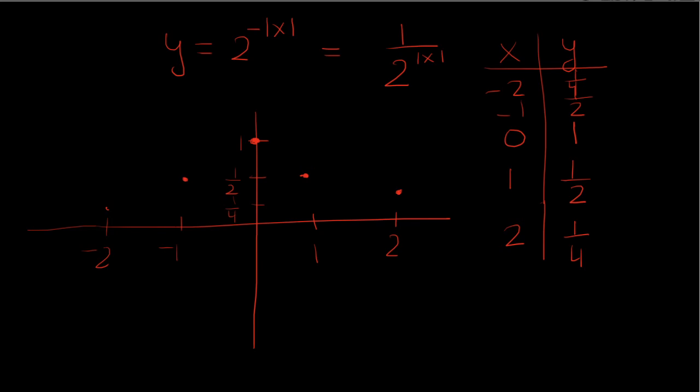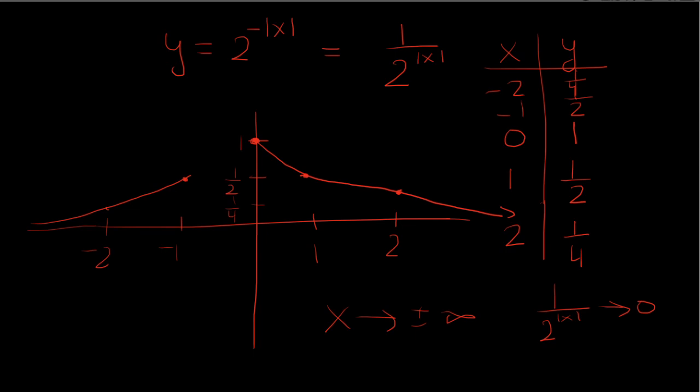And notice that as x approaches positive or negative infinity, 1 over 2 to the absolute value of x is going to approach 0 because it's going to be 1 over a really big number. So that's going to 0. So it looks something like that.